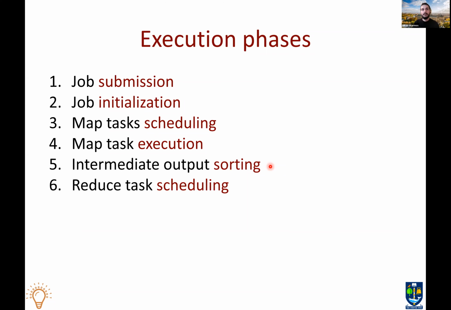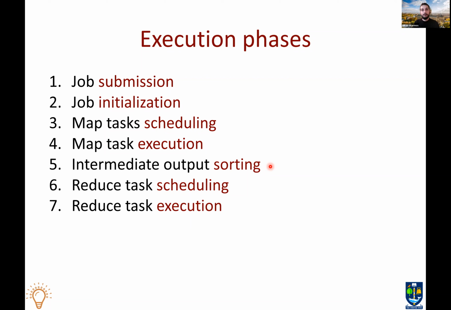Once this happens, the job tracker is informed, and then it needs to schedule the reduce tasks. So again, it needs to look at the job description, compute how many reduce tasks are needed, decide which nodes will execute those reduce tasks, and then send them to the local task trackers for execution.